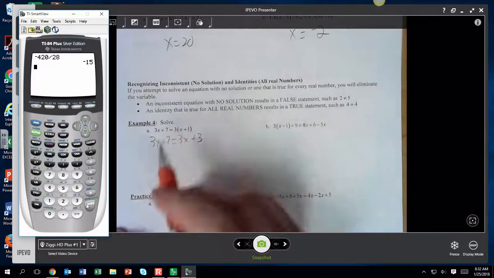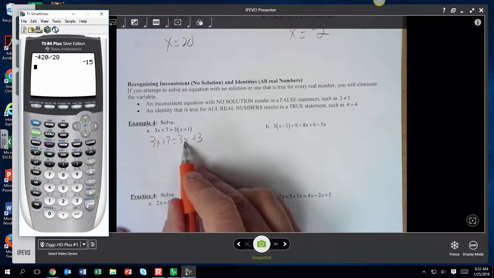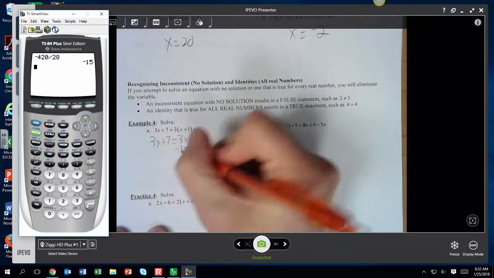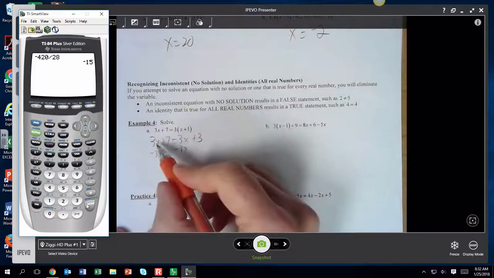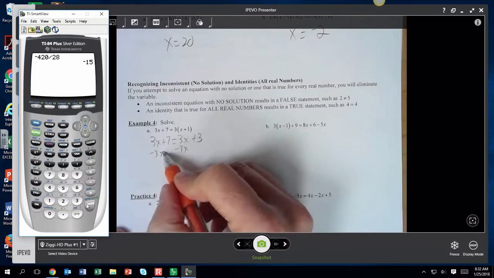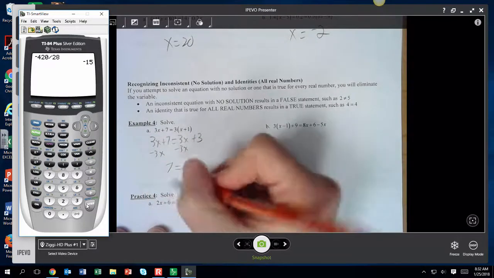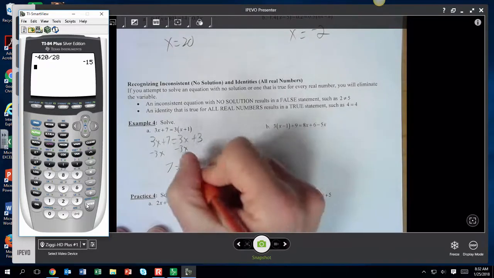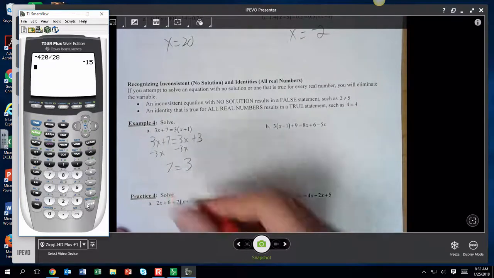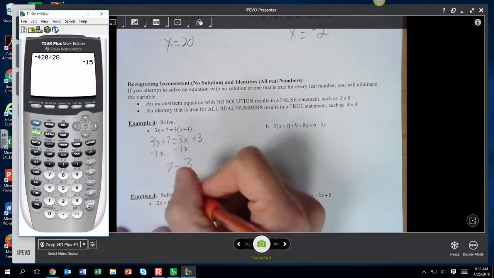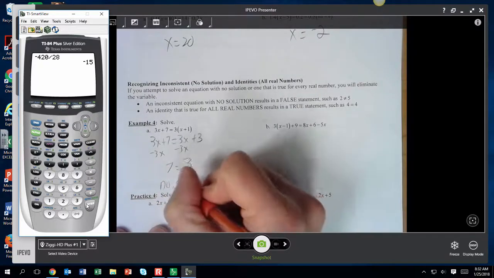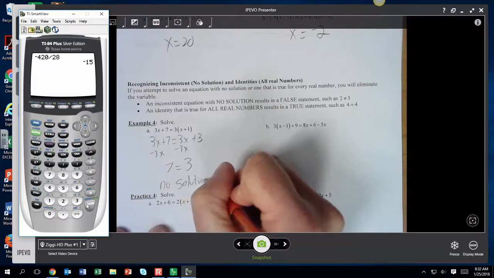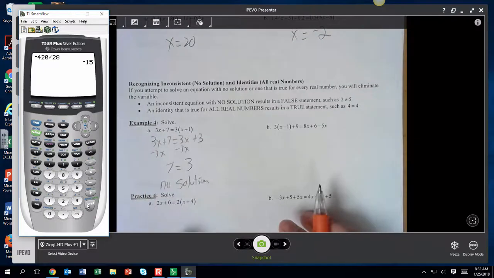If I try to get rid of the 3x on my right side, I'm going to subtract 3x from both sides. 3x minus 3x is 0. 0 plus 7 is 7 equals 3x minus 3x is 0 plus 3 is 3. 7 can't equal 3, so there is going to be no solution. These two cannot be equal.